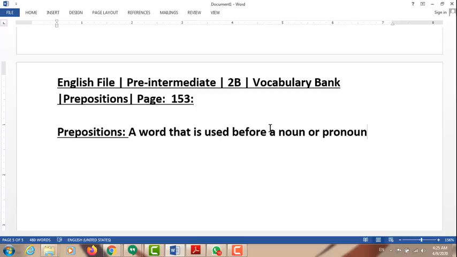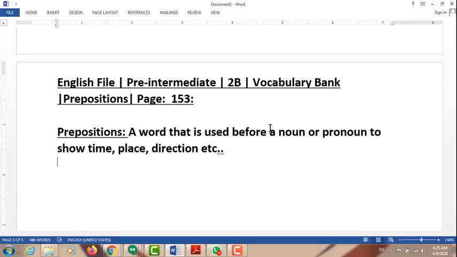We can say noun, pronoun. We will go basic, guys. We will not talk about gerund because it also says gerund. Or pronoun to show time, place, direction, and etc.